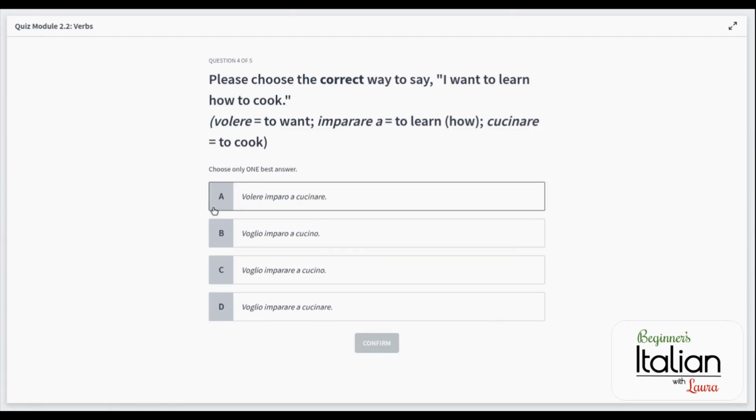A, volere imparo a cucinare. B, voglio imparo a cucino. C, voglio imparare a cucino. Or D, voglio imparare a cucinare.